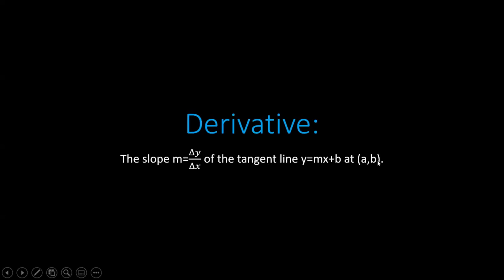It is the slope m equals the change in y over change in x of the tangent line y equals mx plus b at AB. Now that was a lot of variables in one sentence, so let's slowly go through this. The slope, m, which you probably already know from your other math classes, of our tangent line in the form y equals mx plus b, which you might remember as the slope-intercept form of a line, and at this special point, AB.